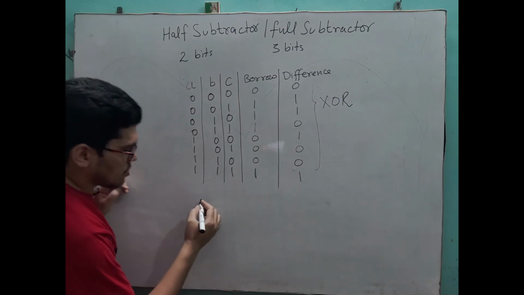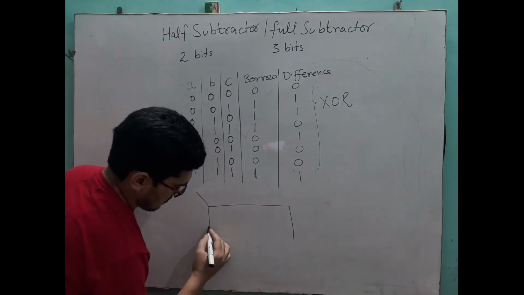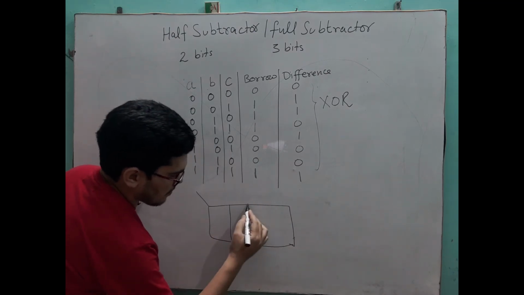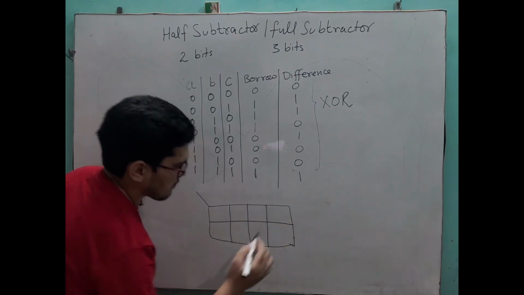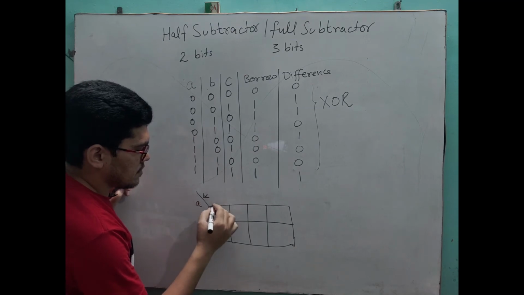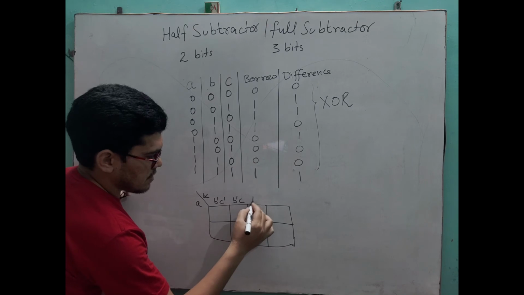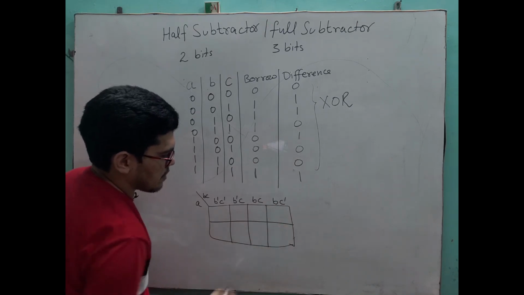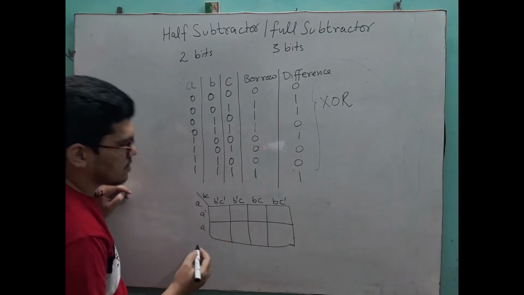Okay, so let us draw the K-map. A, B, C, B bar C bar, B bar C, B C, B C bar. Okay, A bar, A.